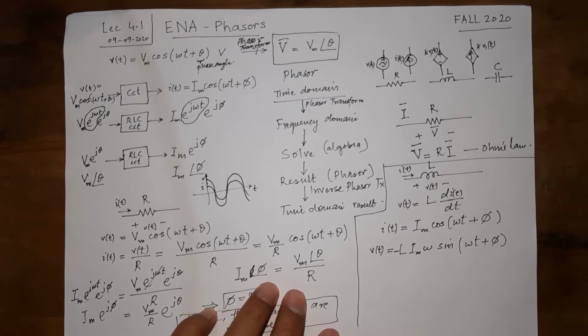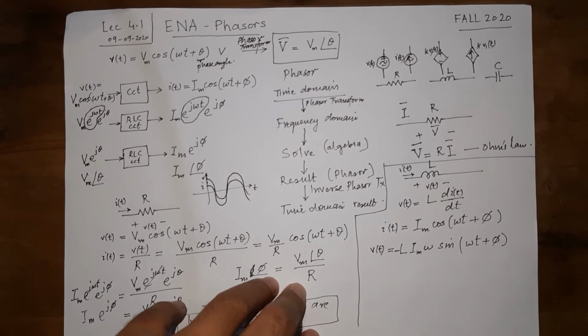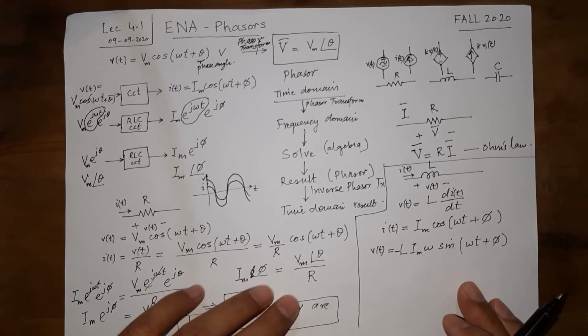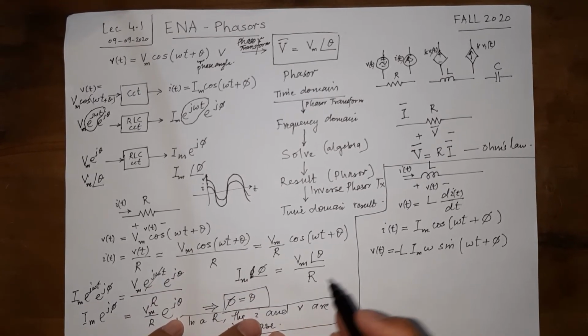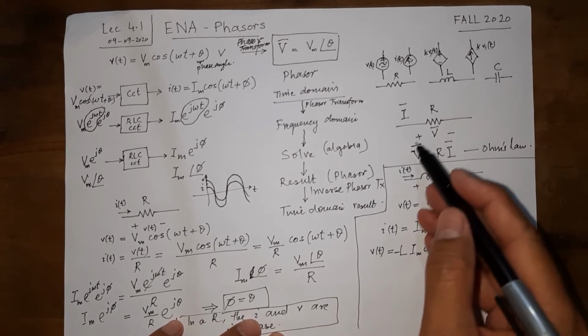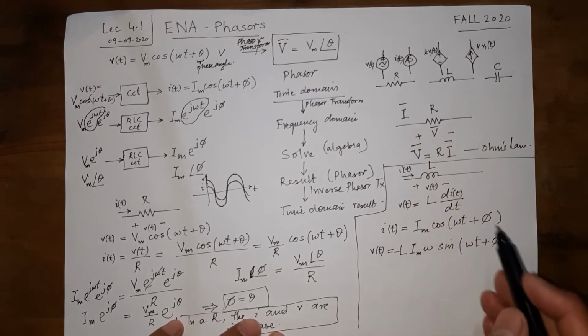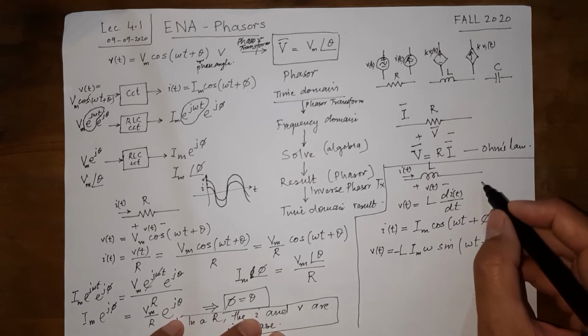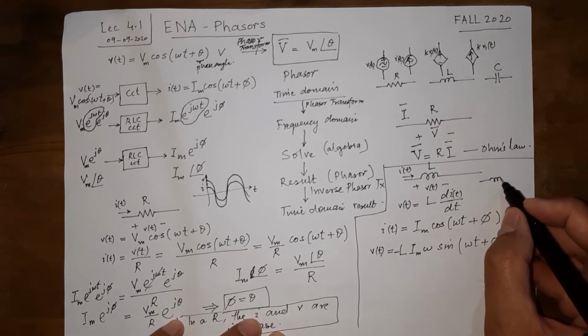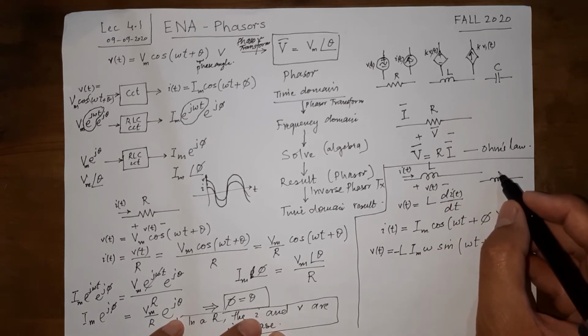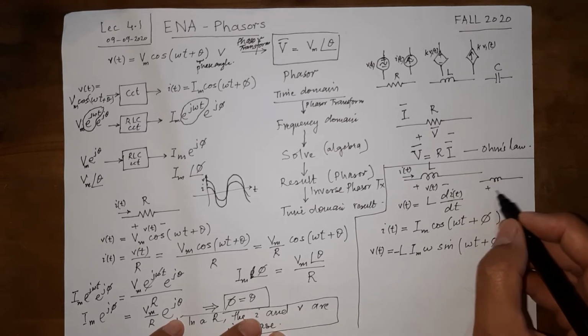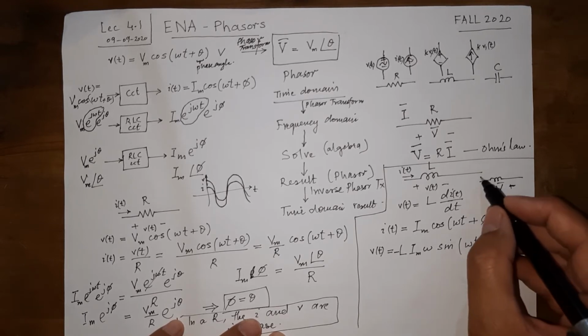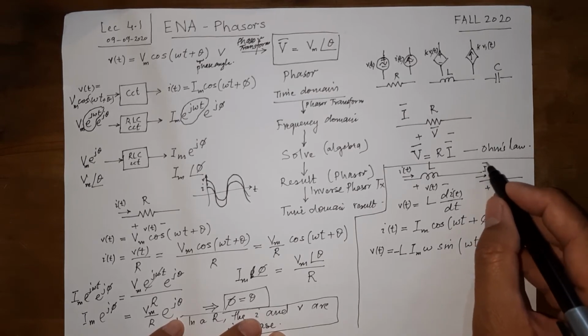Right, but since we need to understand how the behavior would be in the phasor world, such behavior in the phasor world is what we require. What happens to the inductor as it goes to the frequency domain, and this voltage becomes a phasor voltage, this current becomes a phasor current?